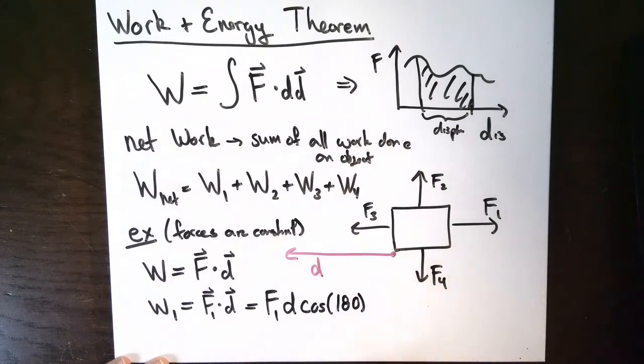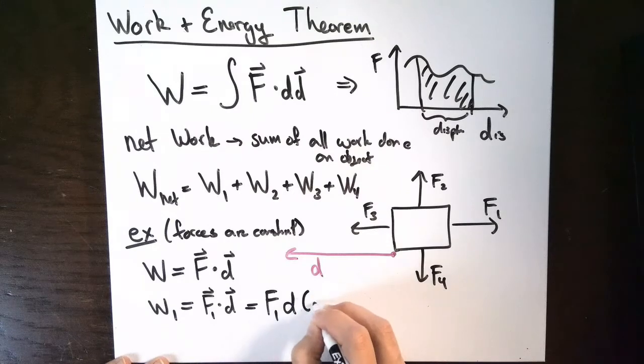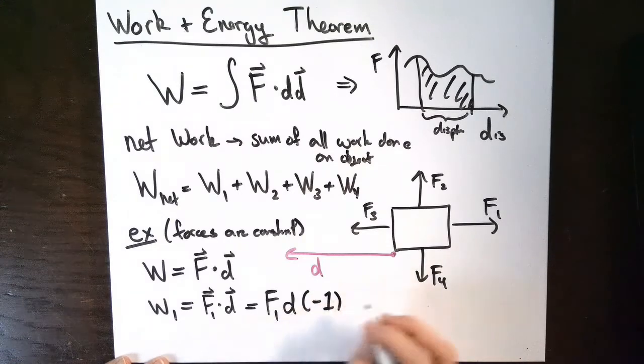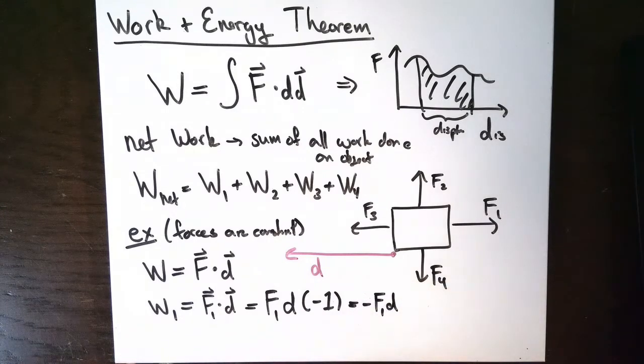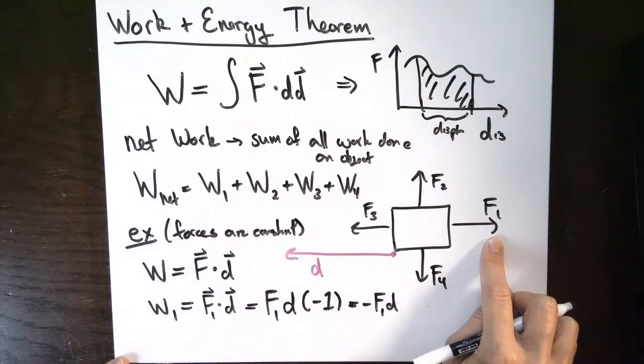And the cosine of 180 degrees is -1. So this work is negative the force magnitude times the displacement length, and that's the work done by this force.